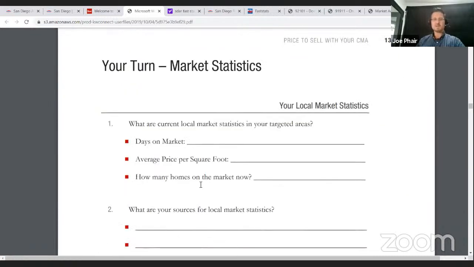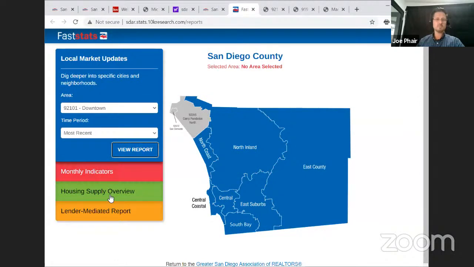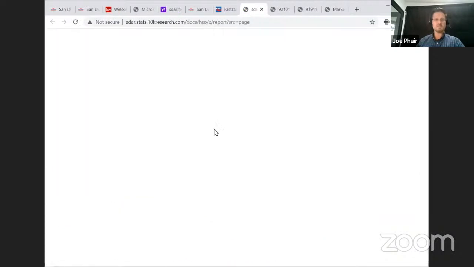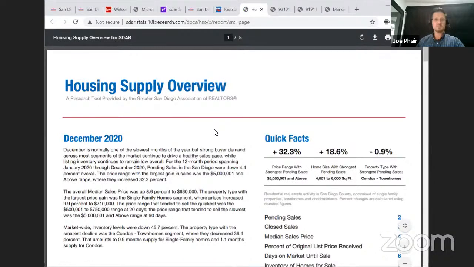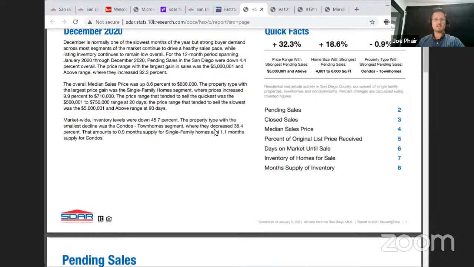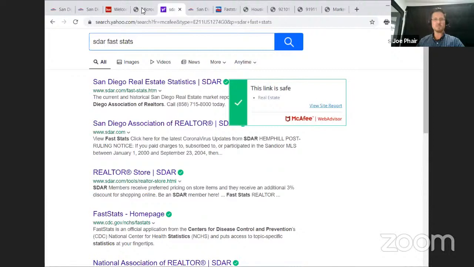Okay, so we kind of talked about this. Days on market. Let me just cruise back here real quick. Let's look at this. So this is where you guys need to go to take a look at what's going on in terms of our market.